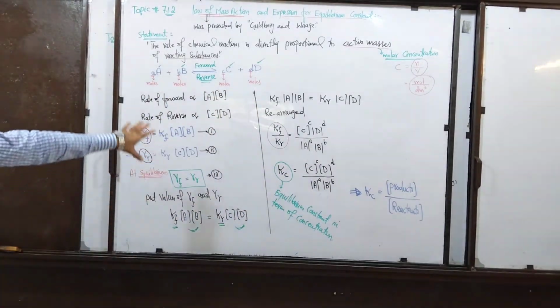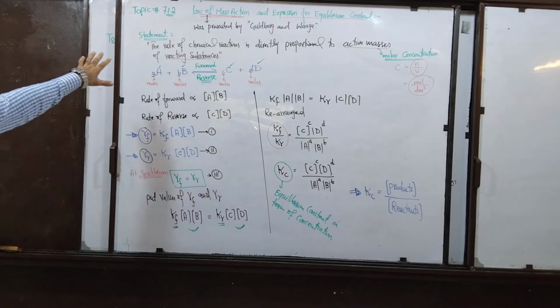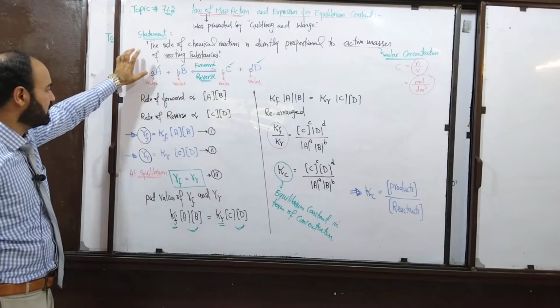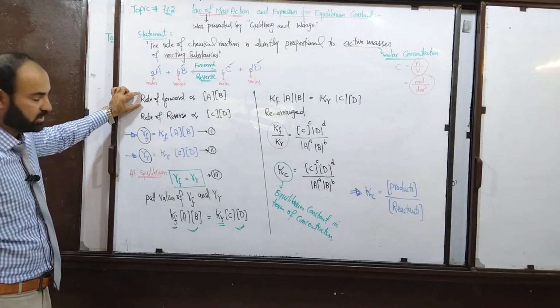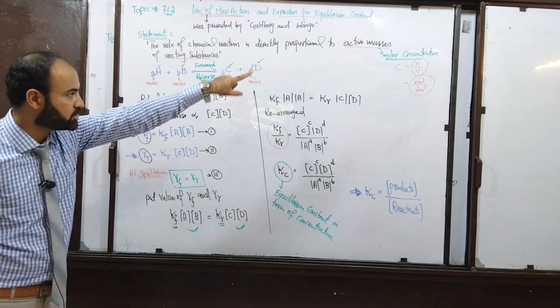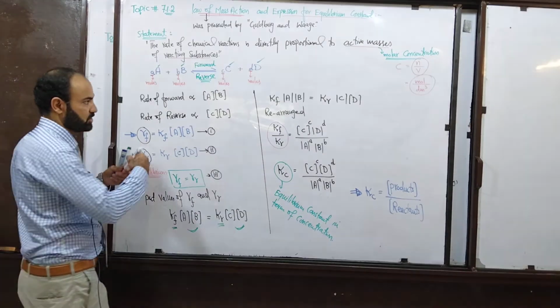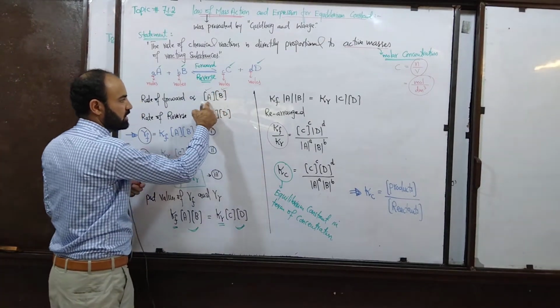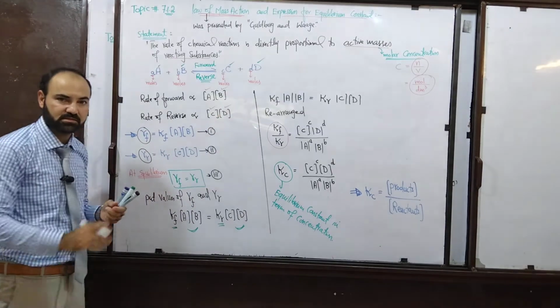According to the law of mass action, the rate of a chemical reaction, either the forward reaction or the reverse reaction, is directly proportional to the molar concentration of the reacting substances.